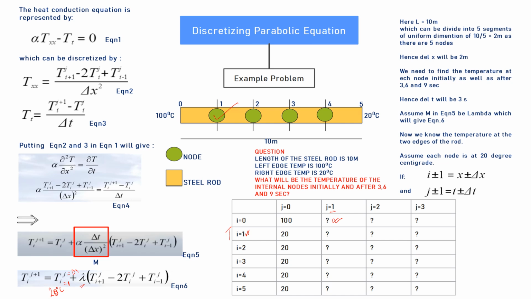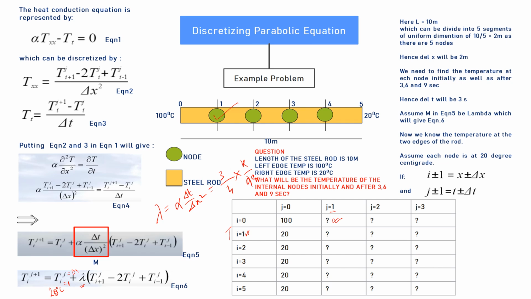Now lambda, as I have discussed already, is equal to alpha del t by del x square. Here del t is your 3 seconds, del x square is 4. And instead of alpha, we can write this as k by rho c. If you know the k and rho c, then you can find the value of alpha. Now, what is the value of Ti plus 1?